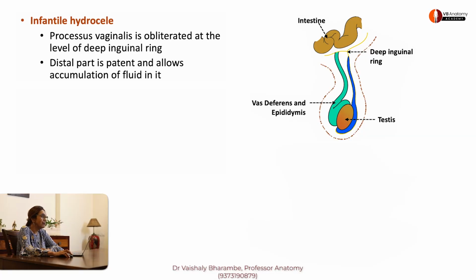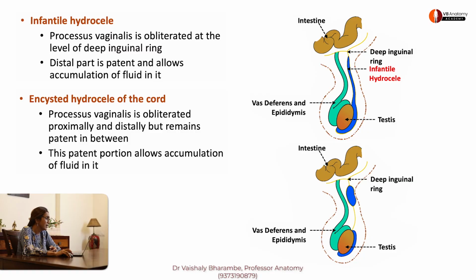Now let's talk about infantile hydrocele. What has happened? There is obliteration, but the obliteration is only at the deep inguinal ring. Rest of it is completely unobliterated. So fluid gets collected, and the extent of that hydrocele is through the inguinal canal till the deep ring.